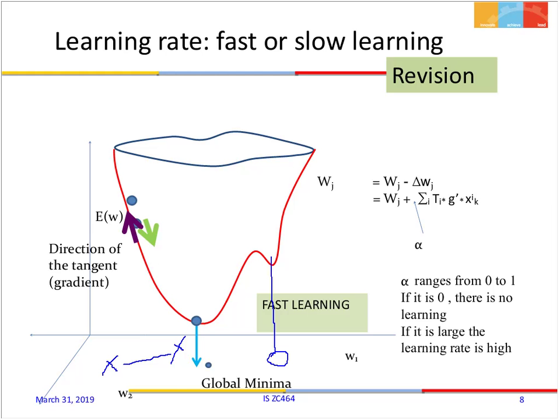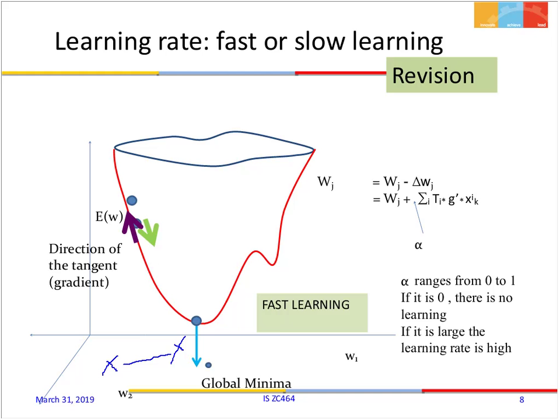Okay. So then we have fast learning like this. If it is very fast, you're likely to get trapped in the local minima because of the speed. So speed has to be controlled. It should not be very fast, it should not be very slow, right? I'm showing you the animation again.